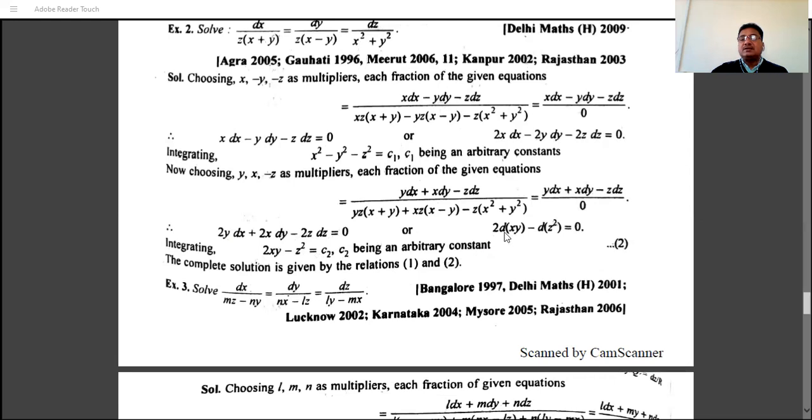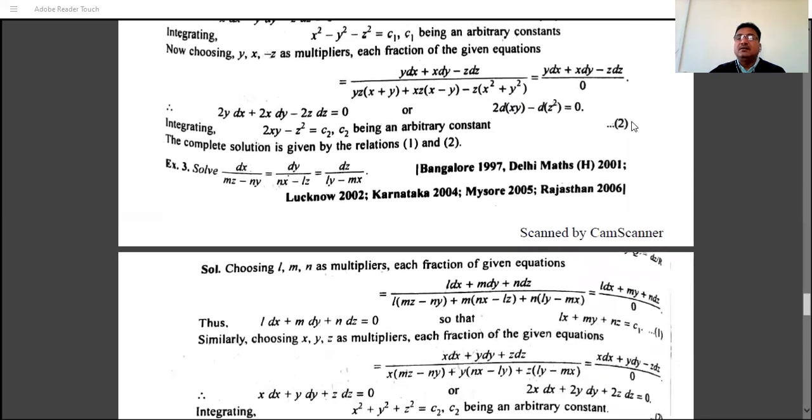So we write d of x into y, and the integration of z dz is z square by 2. So we have x into y minus z square by 2, and after multiplying by 2, we have this answer. Then 1 and 2 give the general solution, or complete solution, of the given differential equation.